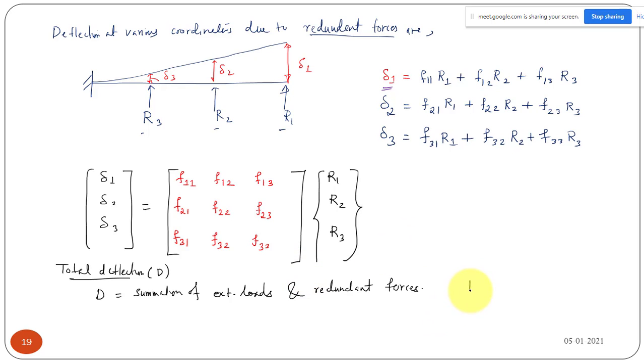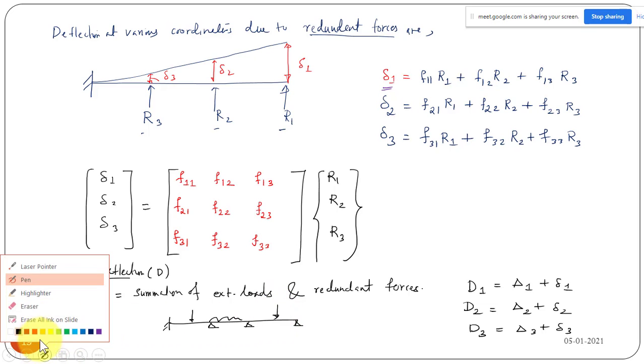So you can write d1, which is equal to delta 1 plus small delta 1, and d2, which is equal to delta 2 plus small delta 2. I'm just writing it in the form of equations, delta 3 plus small delta 3. So obviously we know that this d1, d2, d3 will be 0 definitely, because I have a support.